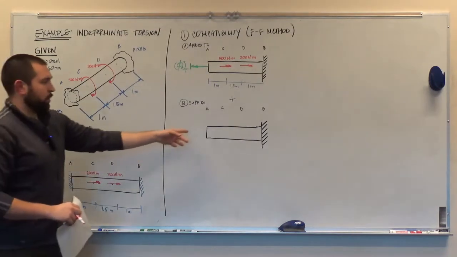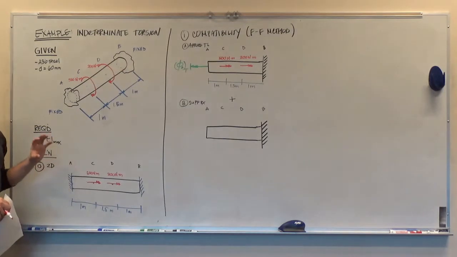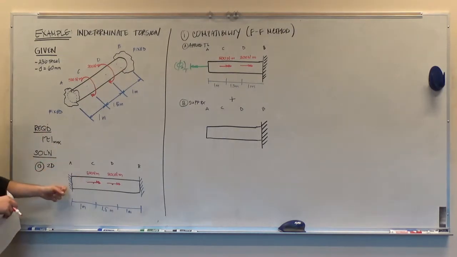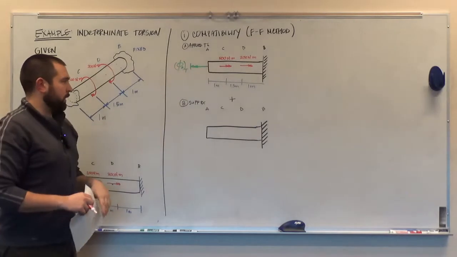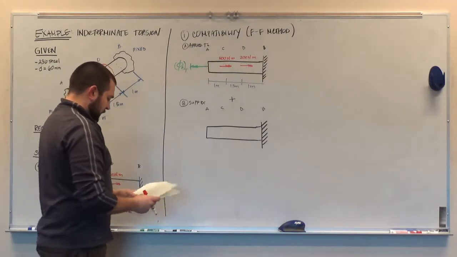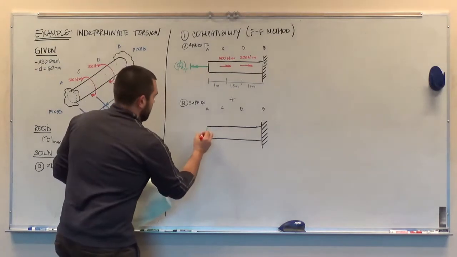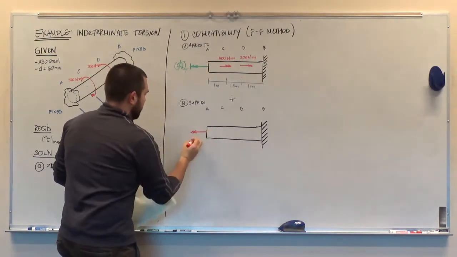So even though this is free to rotate, any torques that are applied here are causing a displacement. It's just that in the fixed system, that rotation, that displacement, is completely counteracting what the system wants to do if the support wasn't there. So here we're going to actually apply a torque on this second system at A to mimic the actual support itself.